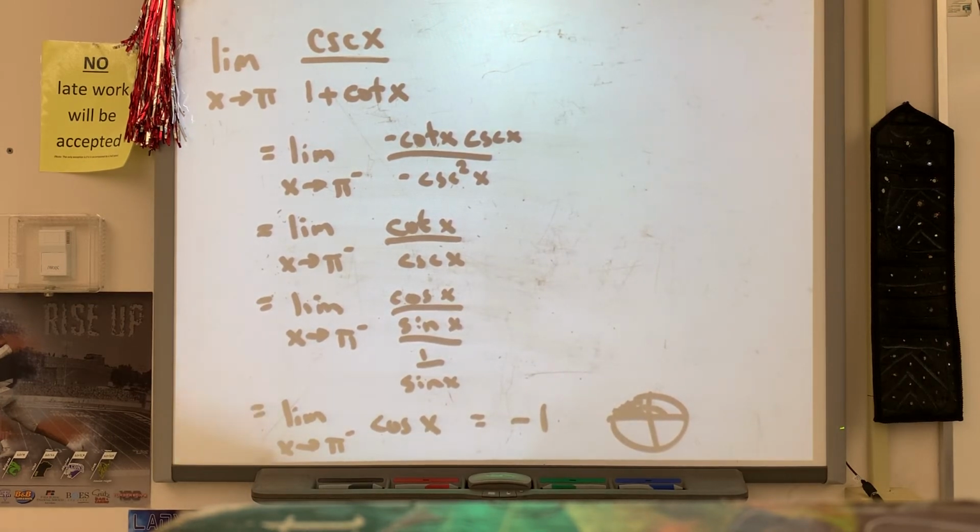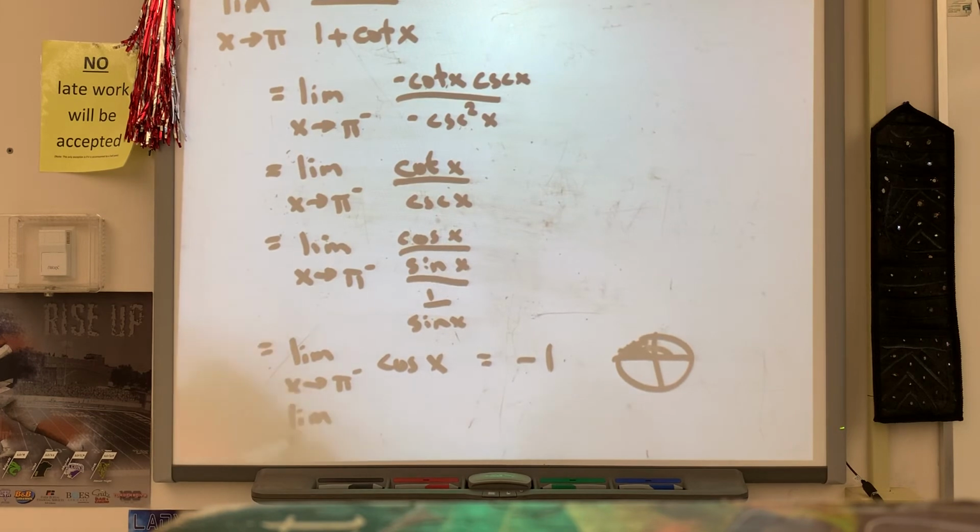Now, likewise, I don't need to go through the whole proof. The limit as x approaches pi from the right, I didn't do any dealing with this left-hand limit until the very end, so as I look at the right-hand limit, it's still going to be the limit as x approaches pi from the right of still cosine x.